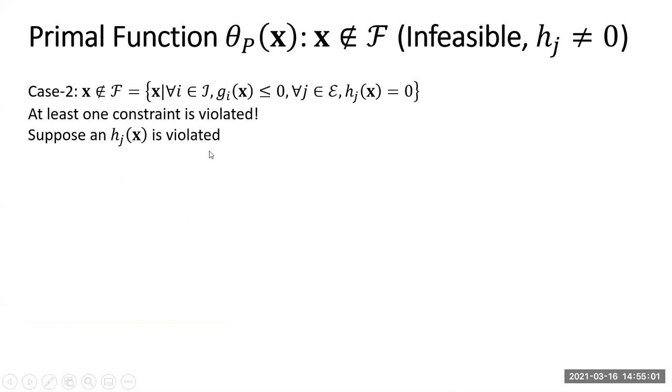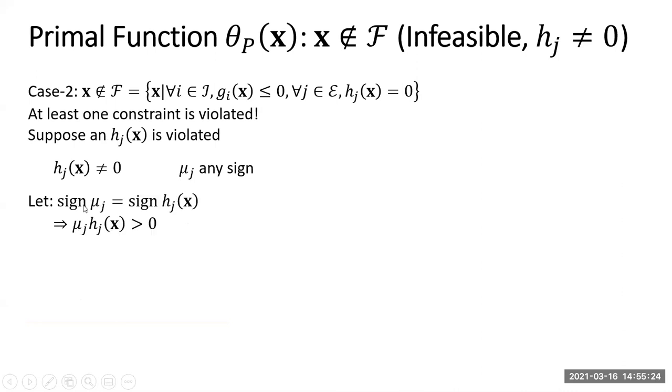Now suppose an hj is violated, which means that hj is not equal to 0, right? Because this is what the constraint is. Now remember that mu j can be of any sign. Okay, hj of x is not equal to 0.